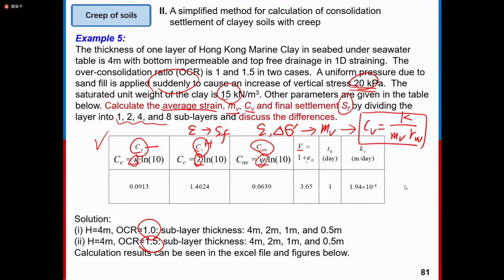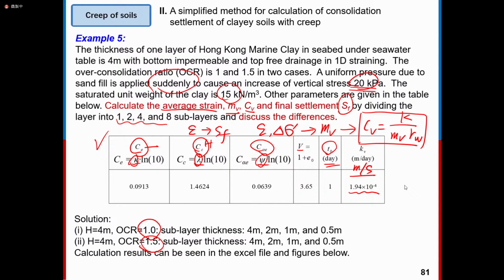And V is the specific volume, T0 is always equal to 1 day. And the KV, the permeability in the vertical direction, is given here. M is meter per day. Sometimes we will use meter per second.